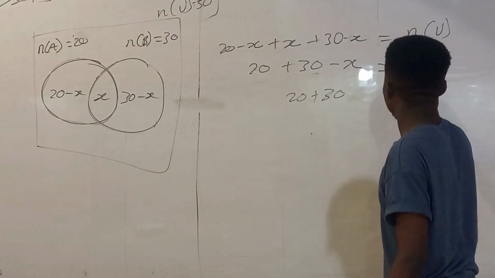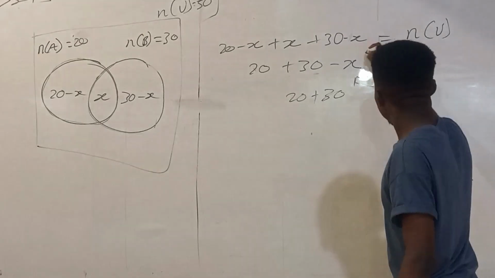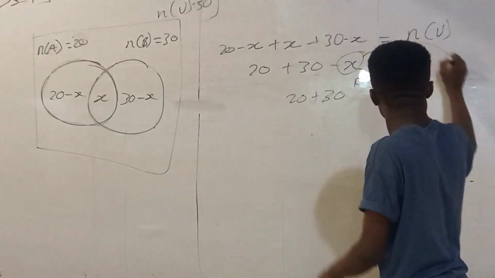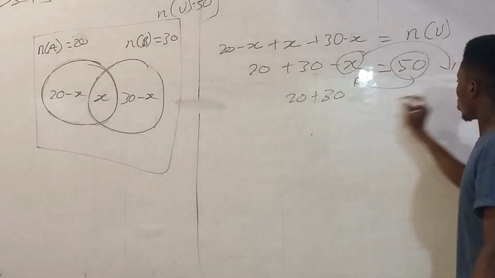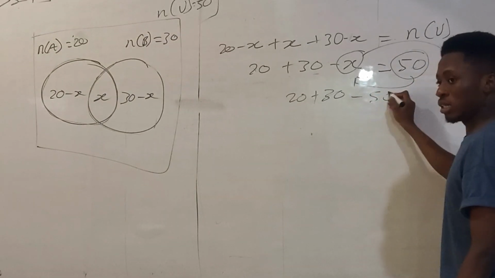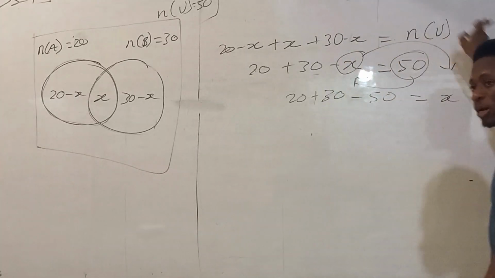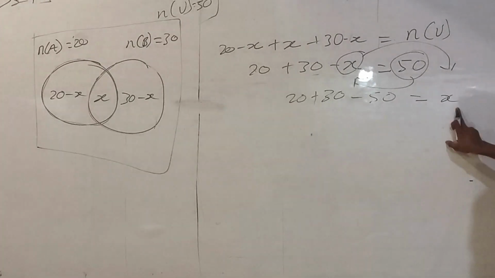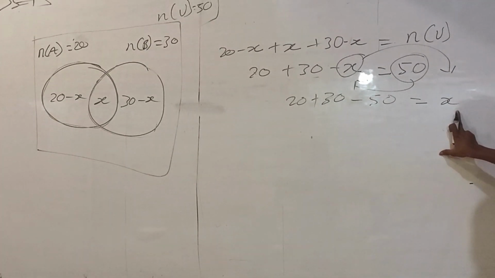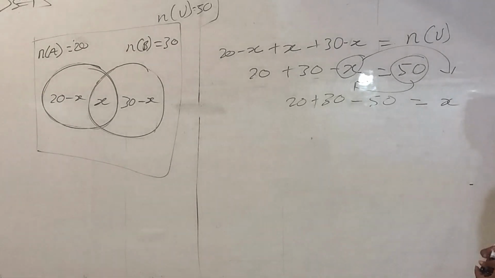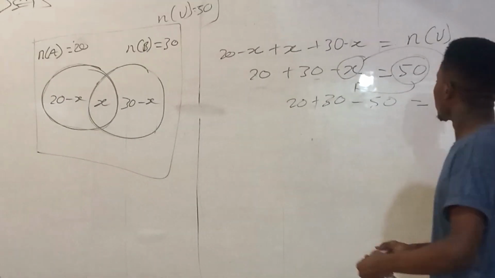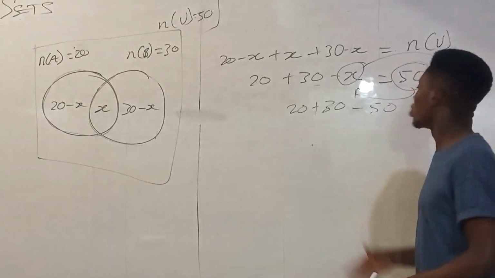We can bring this 50 to this side of the equation and carry this negative x to the other side of the equation. So we get minus what? 15 being equal to what? x. And when the minus comes to the other side, it becomes addition. So x is equal to 20 plus 30 minus 50. Yes, you can do it that way.